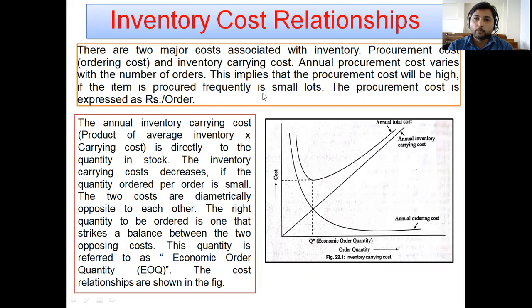Next, write down: annual procurement cost varies with the number of orders. Full stop.